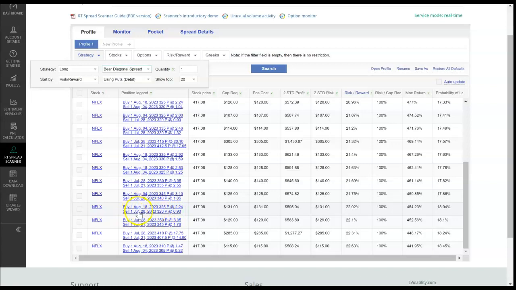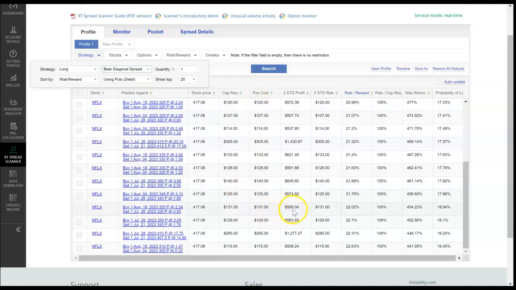The reason why this is a powerful strategy is, instead of spending $224 to enter this bearish position, we're going to spend $224 minus 93, which is why our net outlay is $131. And you can see that here under capital required and position cost.